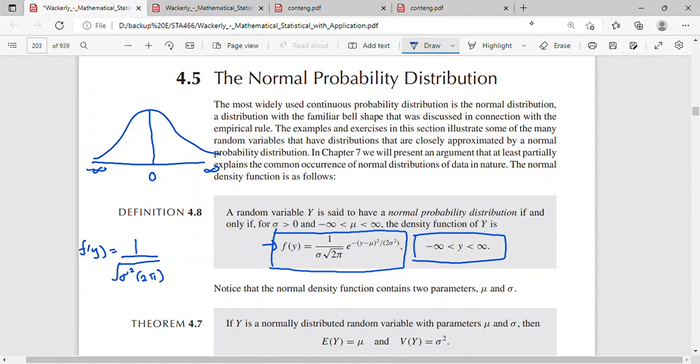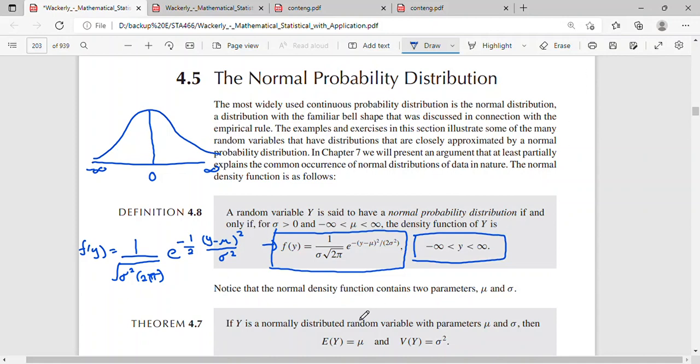Kan di sini 1 over sigma. Kadang-kadang kita gunakan 1 square root of sigma square. Sama juga lah sigma juga actually. E power of negative 1 over 2, y minus mu square divide dengan sigma square. Ini sama je actually, ya.